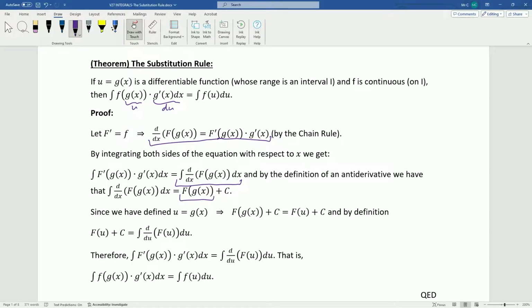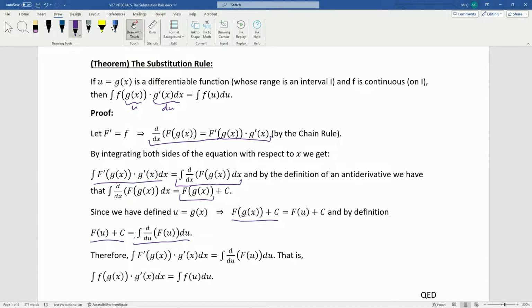And then, by definition again, cap F of u plus c is the integral of the derivative of cap F. So finally, we've got this expression equals cap F of u plus c, which is equal to this, which is equal to our expression all the way back here.